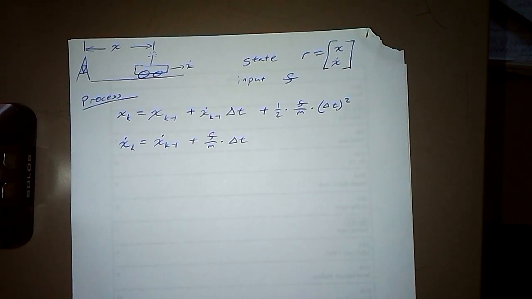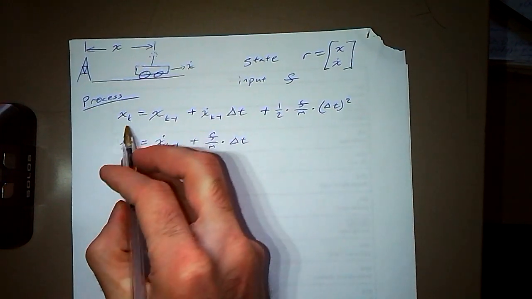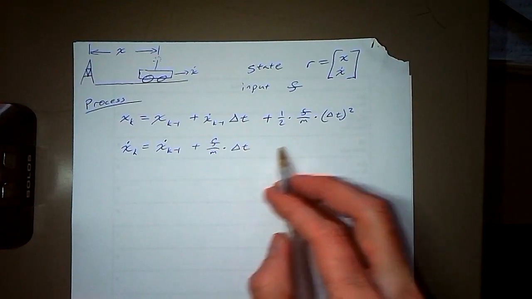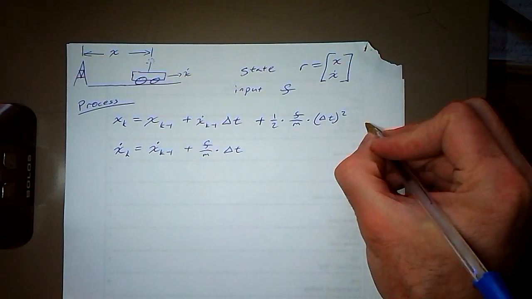And in order to use the Kalman equations, we'll need to write these in matrix form. This is actually incomplete because I left off the error term, the error vector.